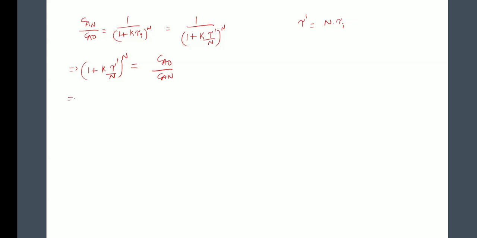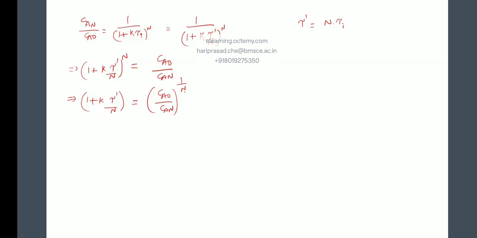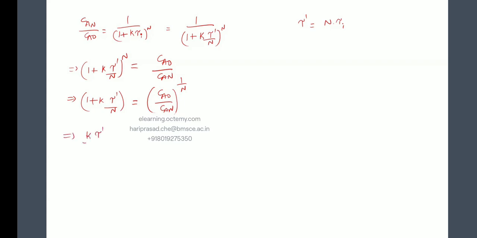So this implies 1 plus K tau dash by n is equal to CA naught by CAN, and this n, when I bring it to the right hand side, will become whole to the power of 1 by n. Or else, on the left hand side and right hand side, you take the power 1 by n. Then this I can write as K tau dash by n is equal to CA naught by CAN whole to the power of 1 by n.